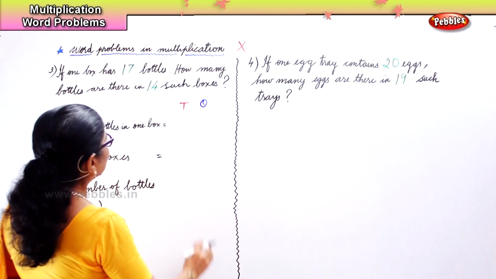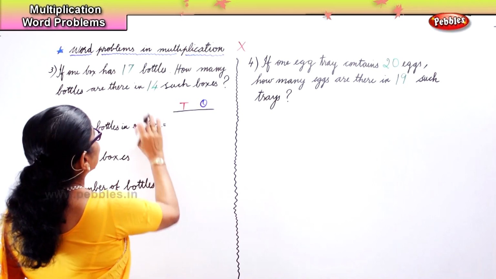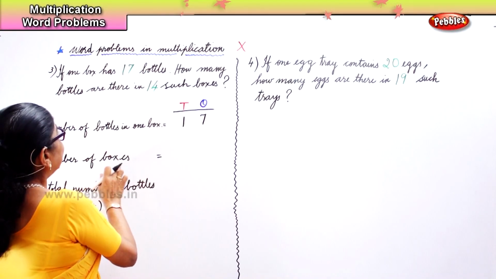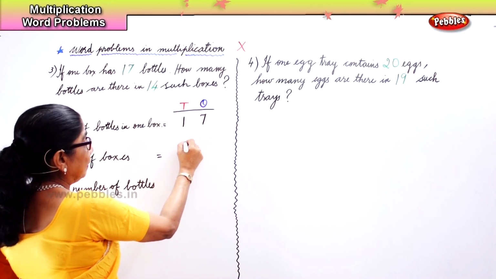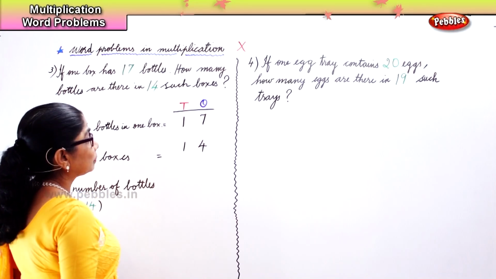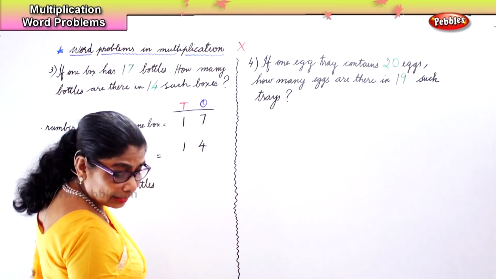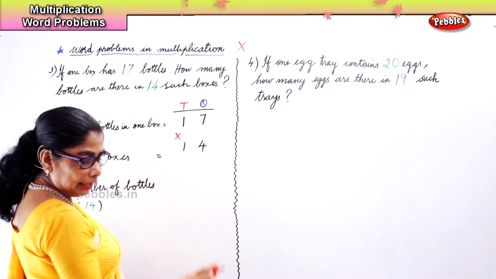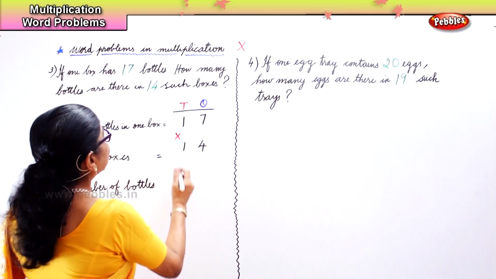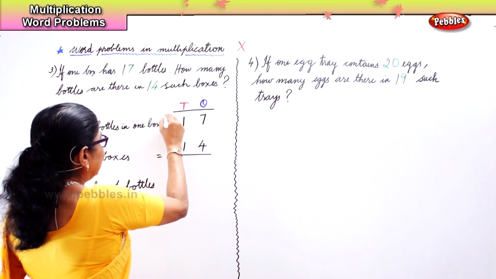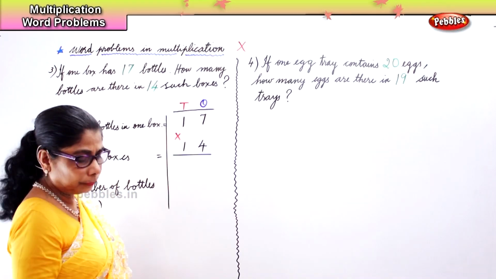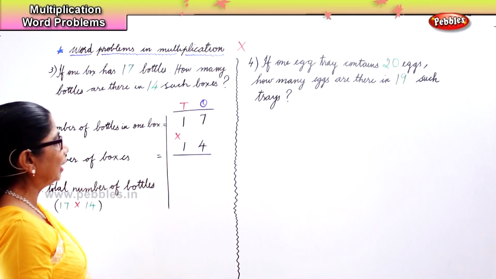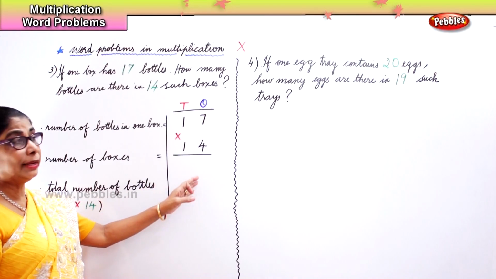Now, number of bottles in one box is 17. Number of boxes is 14. So, we have to do 17 into 14. When we multiply, you have to be careful because it is 2 digit by 2 digit.